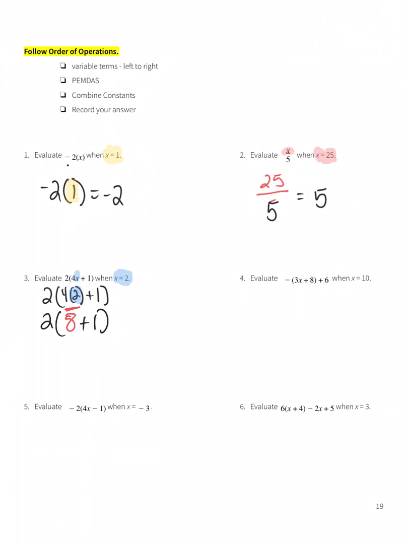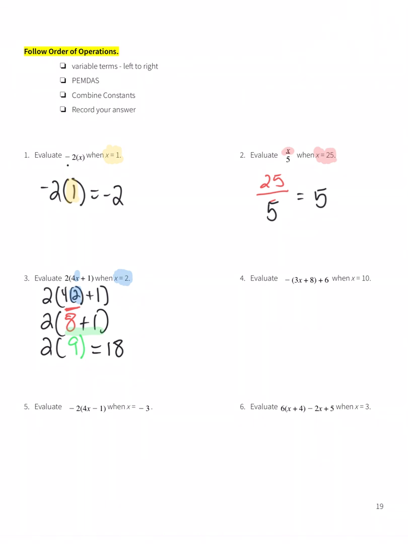So I need to solve that. So we're going to have 2 times what's in the parentheses, 8 plus 1, which is equal to 9. Let's underline that so we know where it came from. And now I'm left with my last part of the expression, which is 2 times 9, and 2 times 9 is equal to 18.